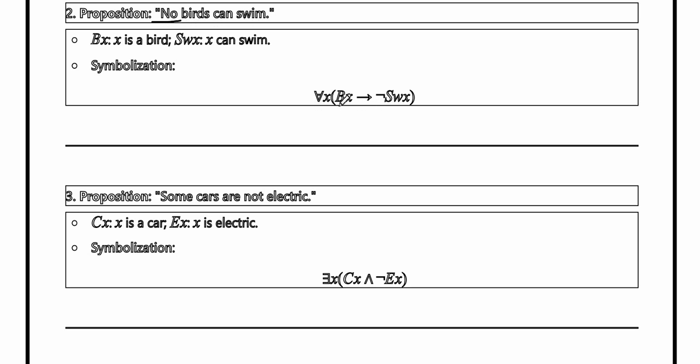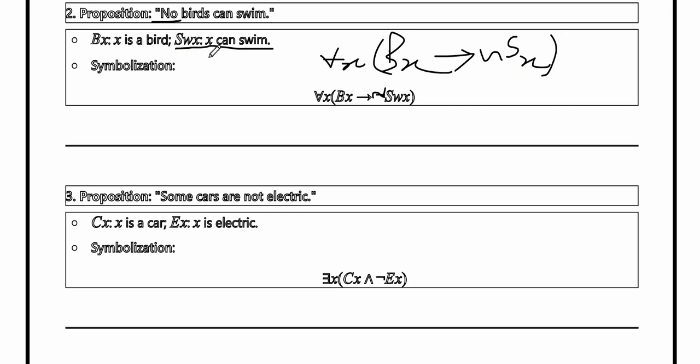So no birds can swim, and we have to use the negation symbol here. For all x, if x is a bird, then it implies that x cannot swim. When we write it in the domain, we have to write it as positive, can swim. But when we are symbolizing it, we have to write it as positive and then negate it. Cannot swim, like this.